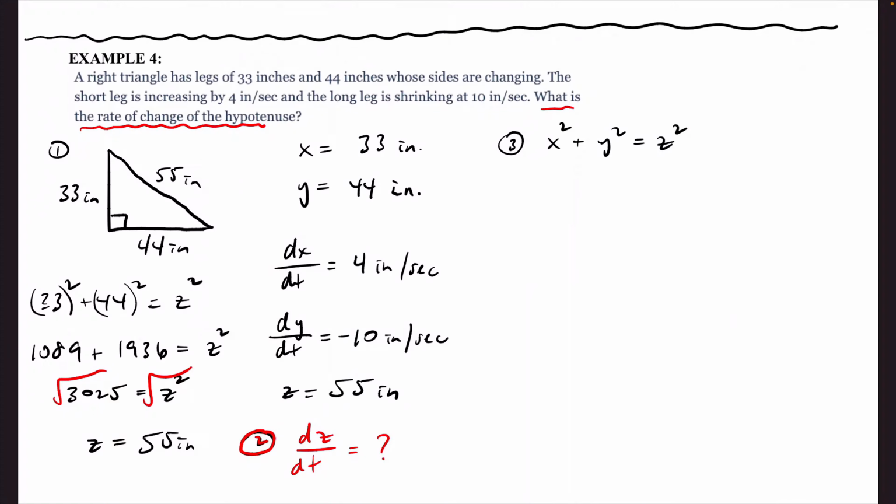Step 4 we're not going to cover because we don't need to. Step 5 is the derivative. I already did it: 2x dx over dt plus 2y dy over dt equals 2z dz over dt.